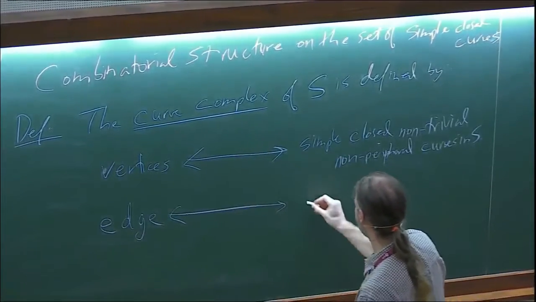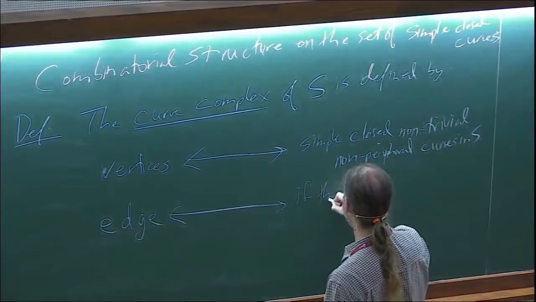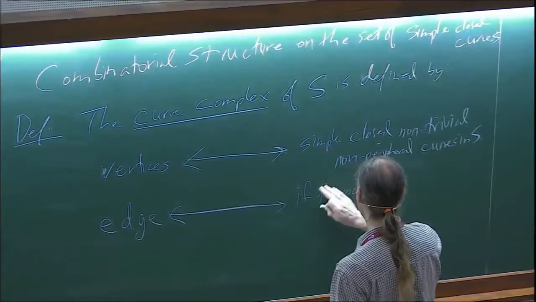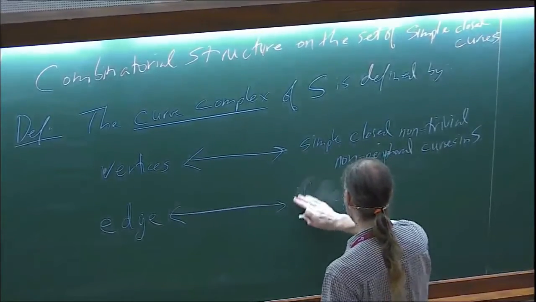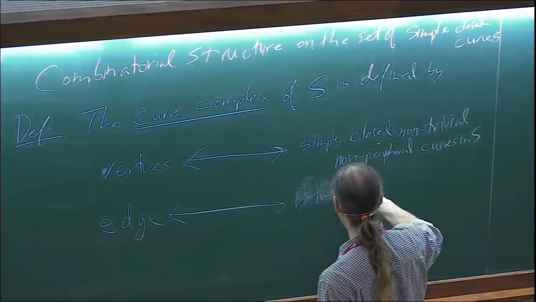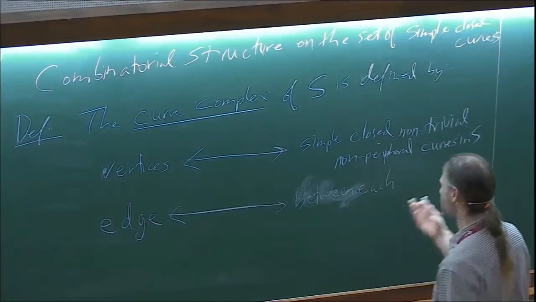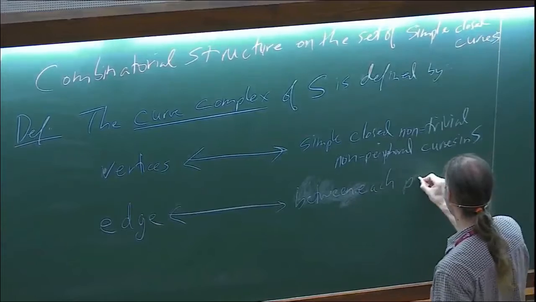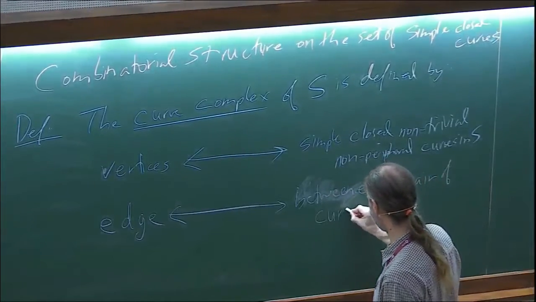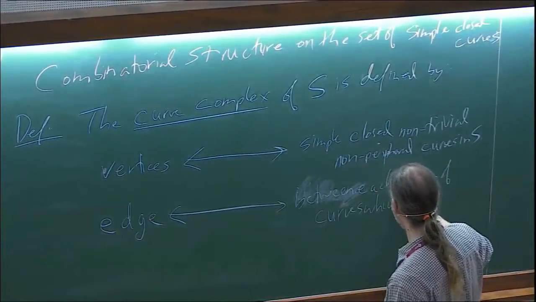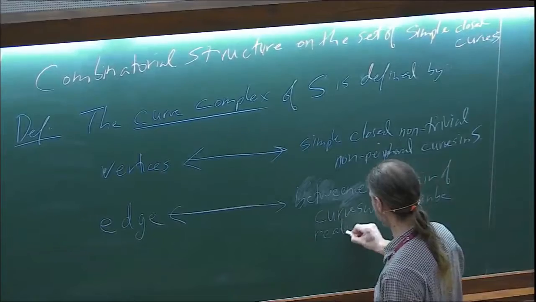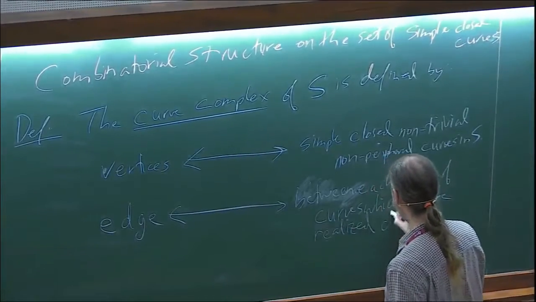So you put an edge between each pair of curves which can be realized disjointly.